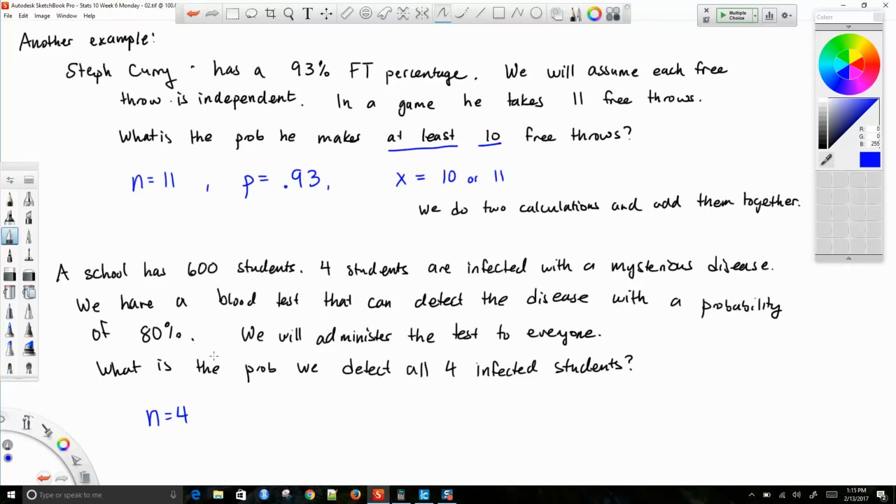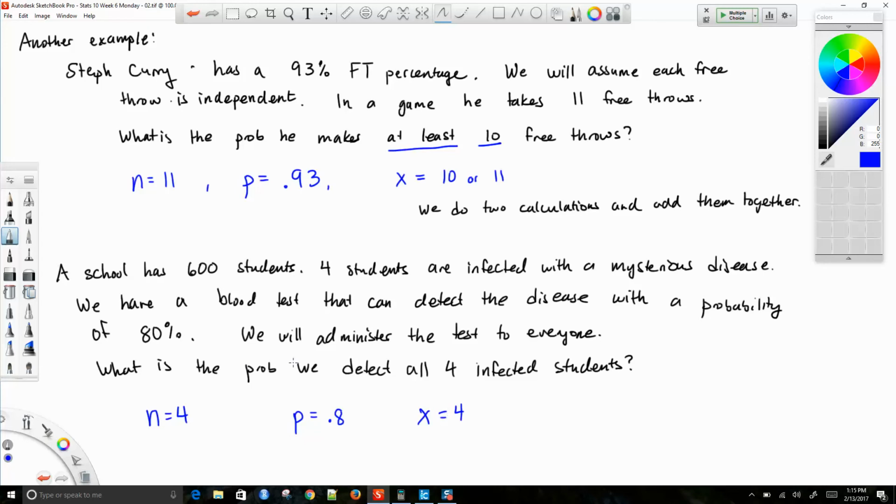So in this case, my n is 4. What is my p? My p is going to be 0.8. This is the probability of detection. And what is my x? My x is 4. Okay? So here 4 are actually infected, and we want to see if we can detect all 4.